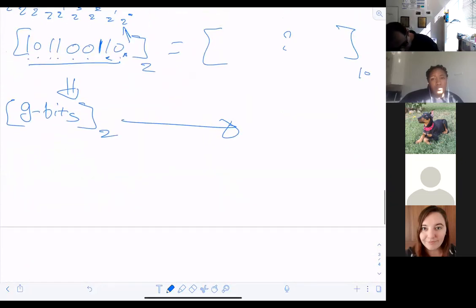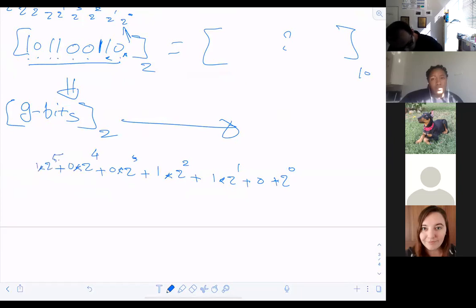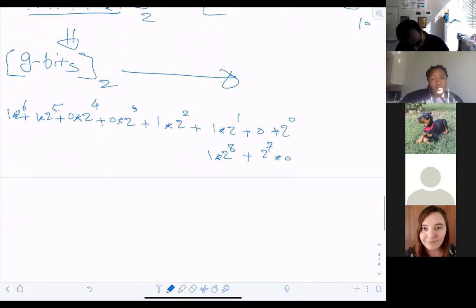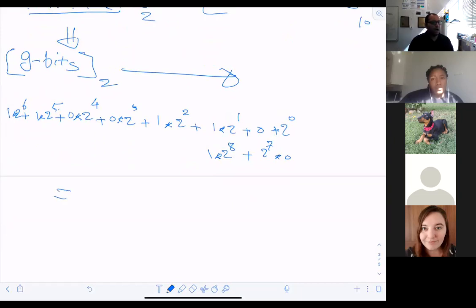So gonna be here 2 power 0 times 0, 2 power 1 times 1, 2 power 2 times 1, 2 power 3 times 0, 2 power 4 times 0, 2 power 5 times 1, 2 power 6 times 1, 2 power 7 times 0, 2 power 8 times 1. Right? If I start summing all of this together, I will get the final output in the decimal.